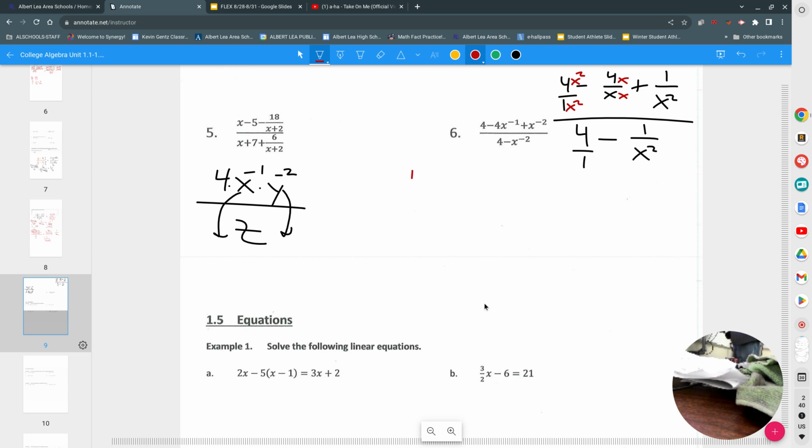And that gives me a 4x squared minus 4x plus 1 all over x squared. If you notice in the denominator, we should have a common denominator of x squared as well. And when I do that, I get 4x squared over x squared.